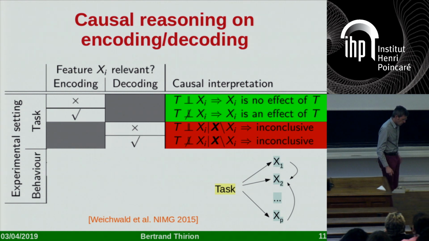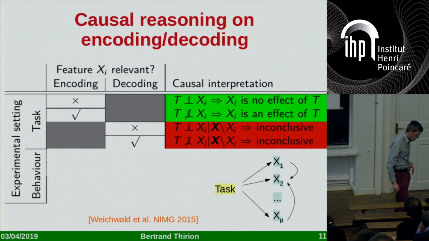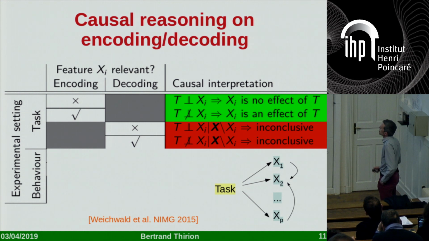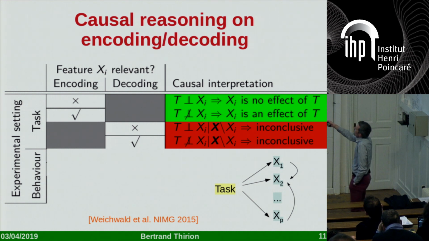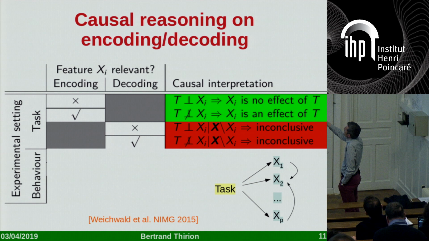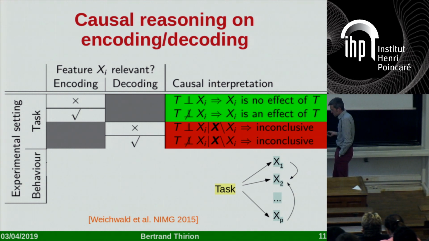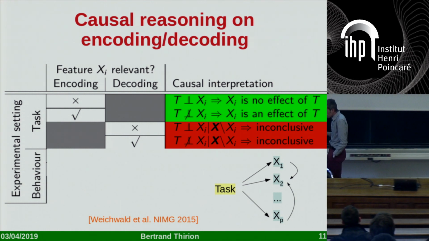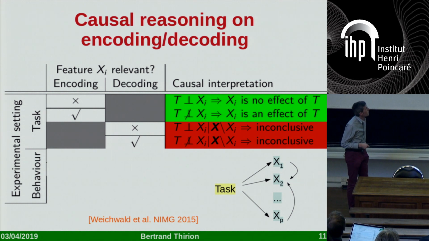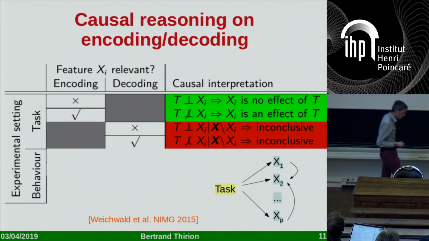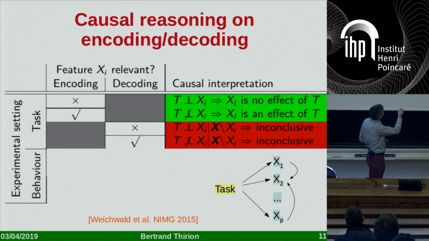Now, if you were doing a different analysis, still with the same model of the data, but you do a decoding analysis, then you cannot draw the same conclusions. For instance, if you find that voxel xi is independent from the task conditionally on the other variables, then you cannot conclude, because it could be that there is no effect between them, or it can be that the effect is mediated by another variable. For instance, the task would have an influence on x1, and then x1 would influence x2.